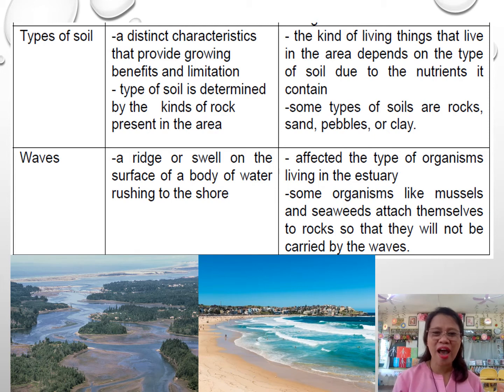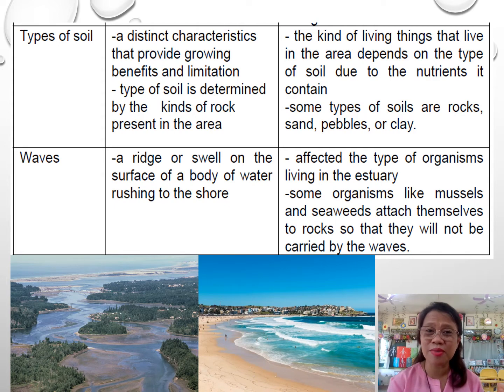And we also have waves. No, try to look at waves. Ang balod sa dagat. This is a ridge or swell on the surface of a body of water rushing to the shore. This affects the type of organisms living in the estuary.